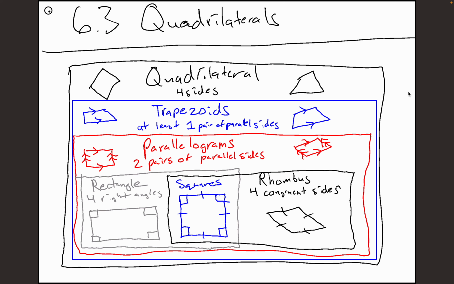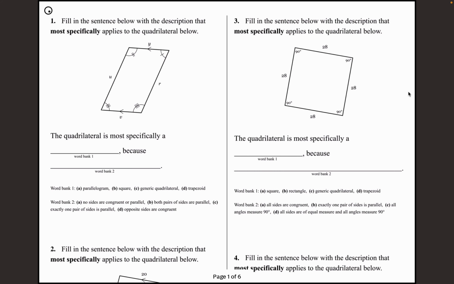Now, you're going to be given either an image, or sometimes you won't even be given an image, and you have to name them. On these ones, we have to specifically name this quadrilateral.